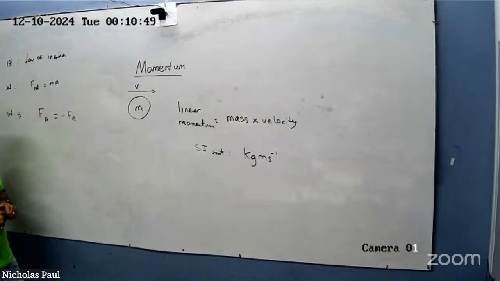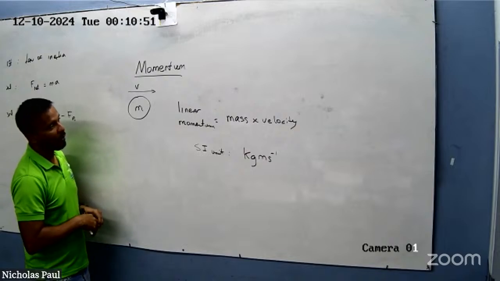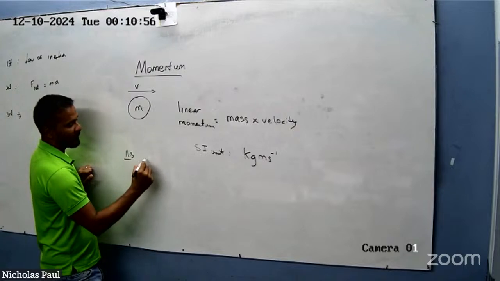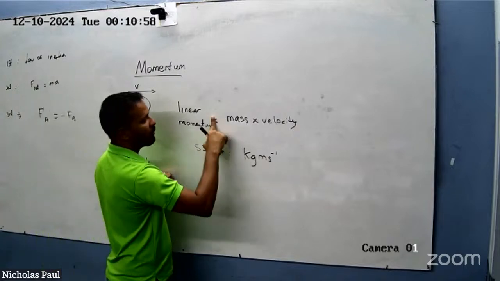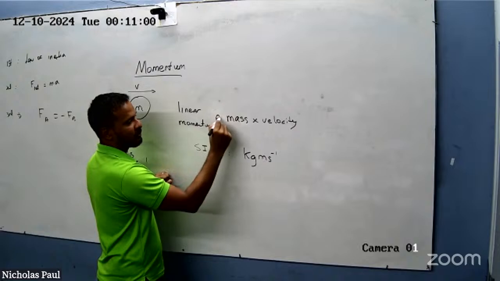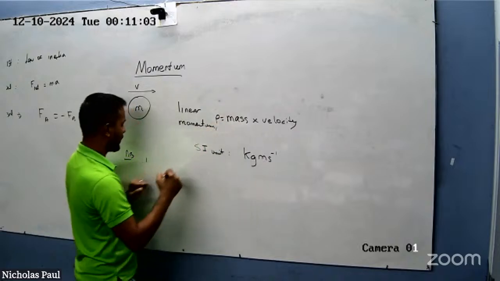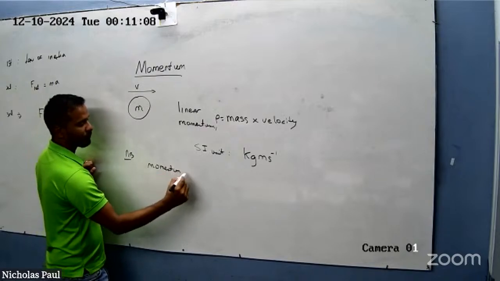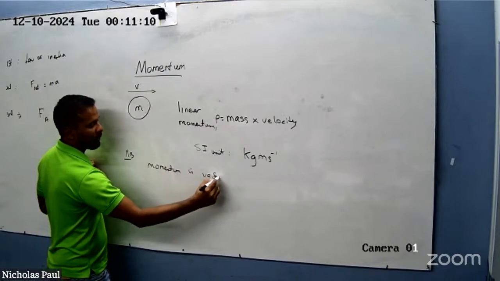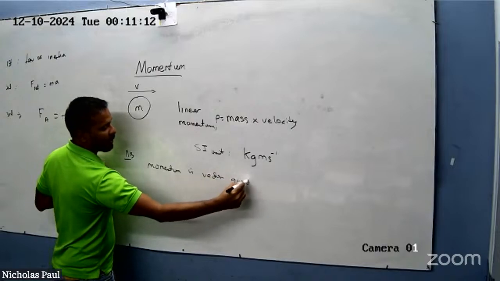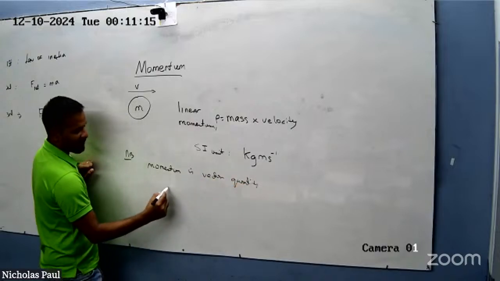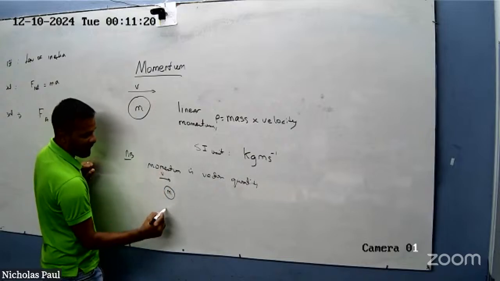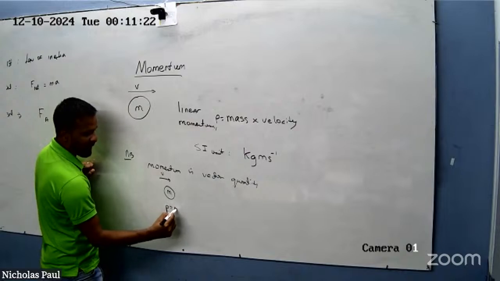And we want to see how come. In a little while, I'll show you. One thing that we need to note is that the symbol for momentum is a lowercase p. Momentum is a vector quantity. So what it implies is this: if I give you an object with mass m and velocity v, the momentum of this object is mv.